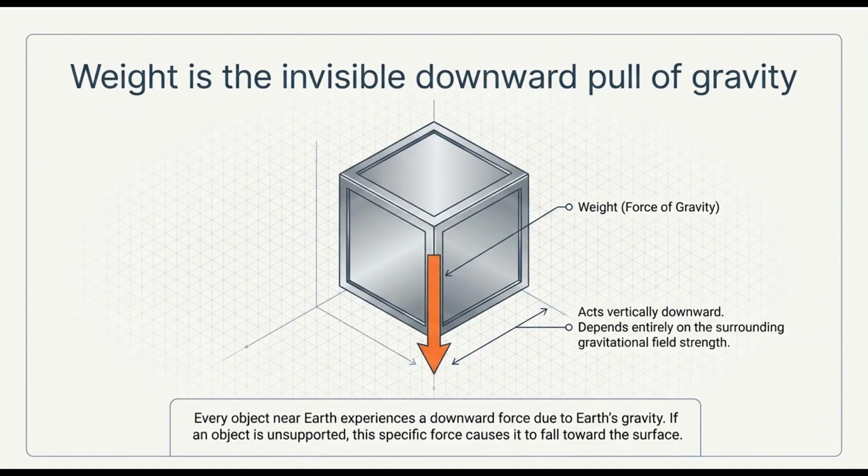Now let's check weight. What do you mean by weight? When you check a weighing machine, you can identify your weight, right? Whether it is 60 kg, 50 kg, 70, 75, 90, whatever it is. Basically, weight is a force caused by gravity acting on an object.